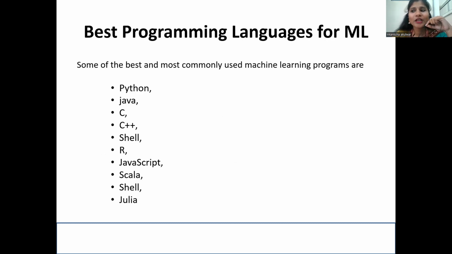Some of the base programming languages of machine learning are Python, Java, C, C++, Shell, R, JavaScript, Scala, Julia. Mostly we will prefer Python. Why?